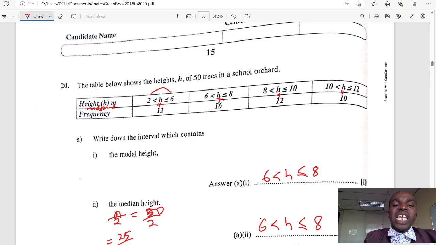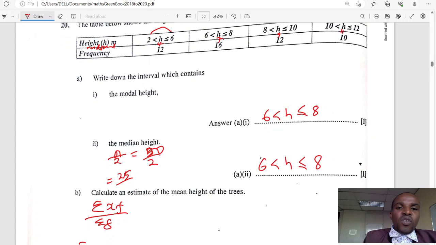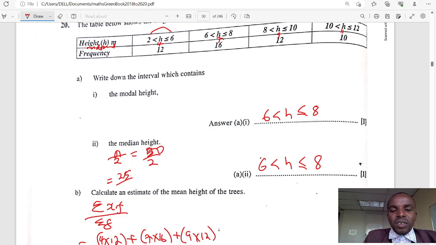So use the midpoints. Now we say 4 times 12, plus 7 times 16, plus 9 times 12, plus 11 times 10, over the total frequency, which is 12 plus 16 plus 12 plus 10.